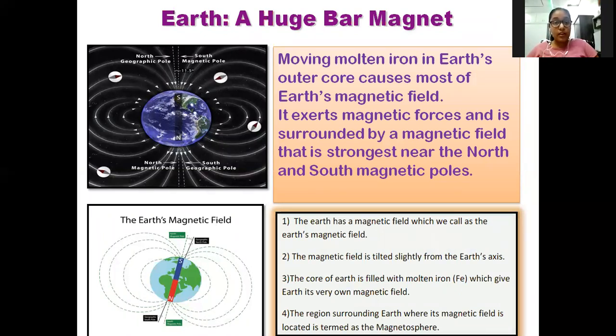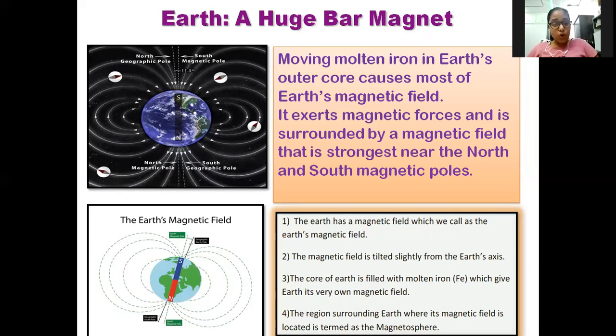Now we will see Earth is a huge bar magnet. Yes, you may be shocked by hearing this, but our Earth is a huge bar magnet. Why is it so? We will see here. In the first point, the Earth has a magnetic field which we call the Earth's magnetic field. Second, the magnetic field is tilted slightly from the Earth's axis.